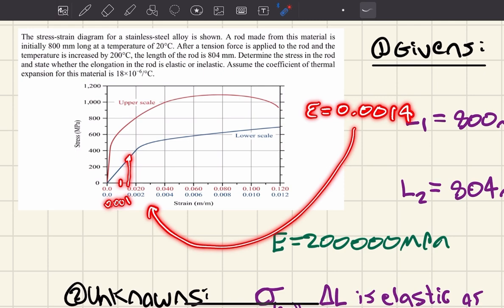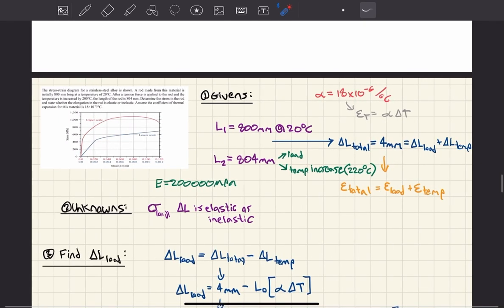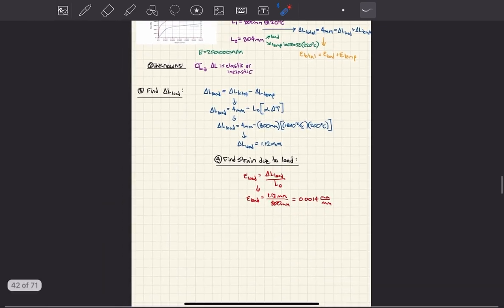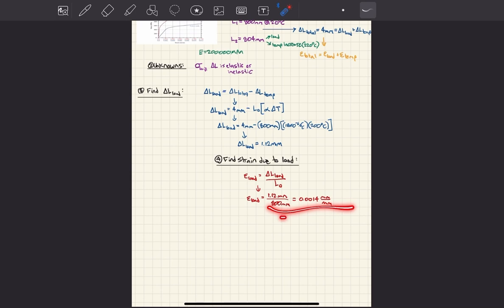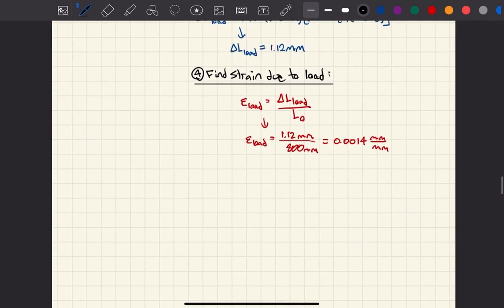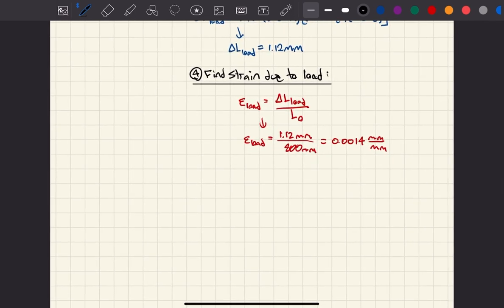Because our strain lies within the elastic region, our stress lies within the elastic region. Therefore, the stress and strain due to the load are elastic, or the deformation due to the load is elastic.